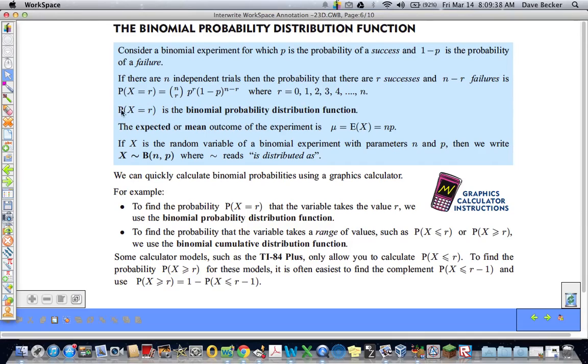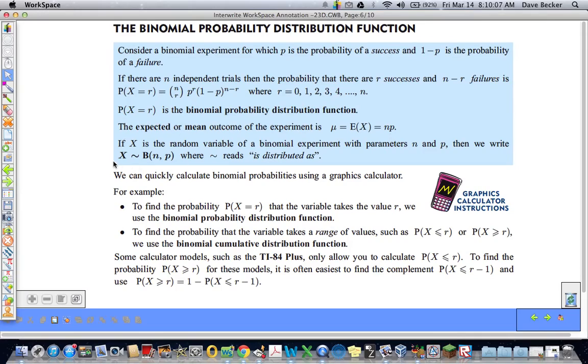Again, x represents all of the successes, whether it be 0, 1, 2, 3, 4, or all the way up to n, and r is a specific one of those. The expected or mean outcome, mu, or EX, which we already talked about with expected values, is equal to the number of trials multiplied by the probability.